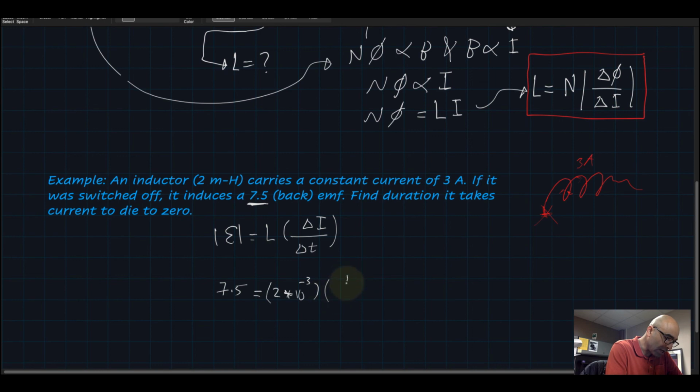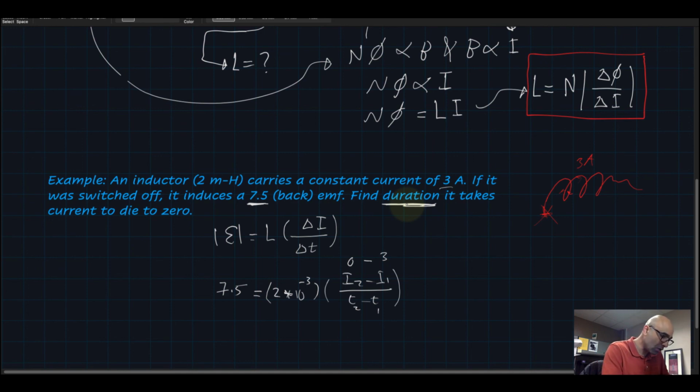Now delta I is I2 minus I1 divided by T2 minus T1, and I2 is 0, minus I1, which is 3, and the only unknown is the duration of time. Notice if you keep solving that, you're going to get the answer in negative, but we don't care about the time per se. We care about the duration it takes, which is a magnitude.